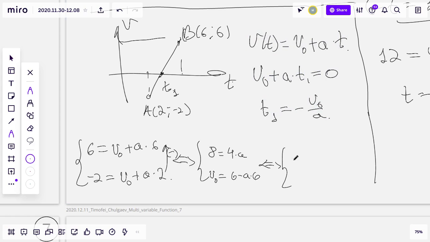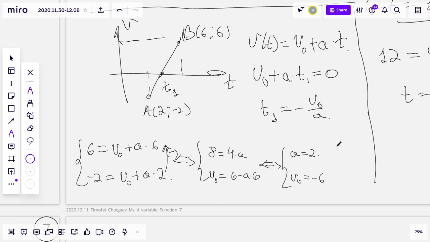That's right. a equals 2, and substituting into this expression, v0 equals minus 6.